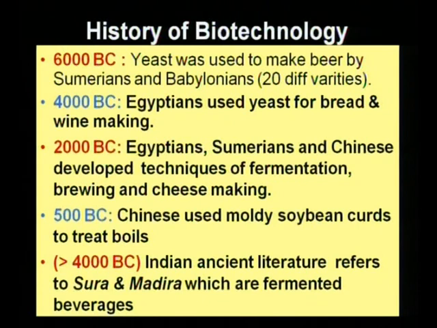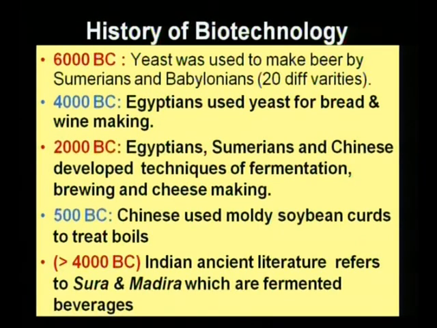Now coming to the history of biotechnology, you will find that many developments were made. In the year 6000 BC, that is before Christ, yeast was used to make beer by Sumerians and Babylonians. Then in 4000 BC, Egyptians used yeast for making bread and wine.